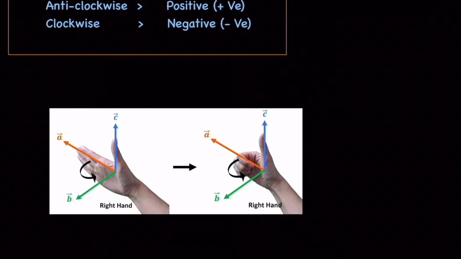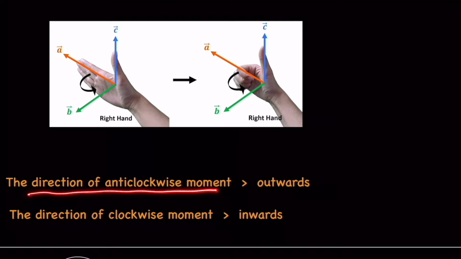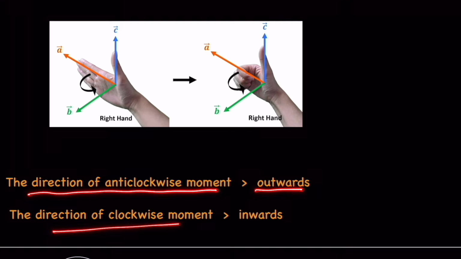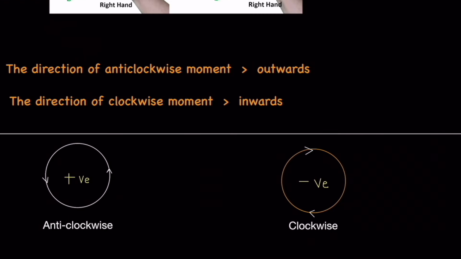And when it is a clockwise direction, the thumb is in the downward direction. So the direction of anti-clockwise movement in this case is upward, and for clockwise the thumb will be inward. So upward is considered positive and inward is considered negative. When we are solving moment of force problems, we definitely focus on this sign convention. I will explain a few questions for better understanding.